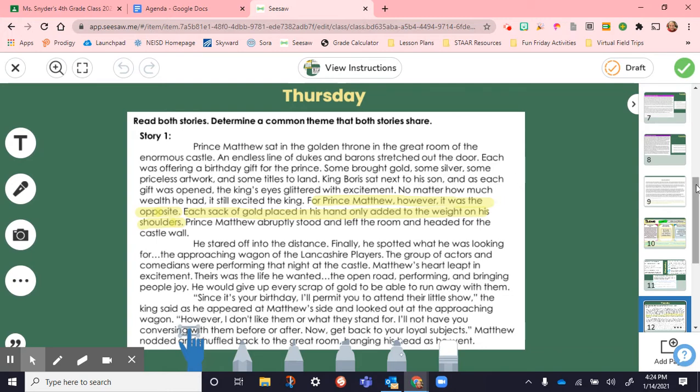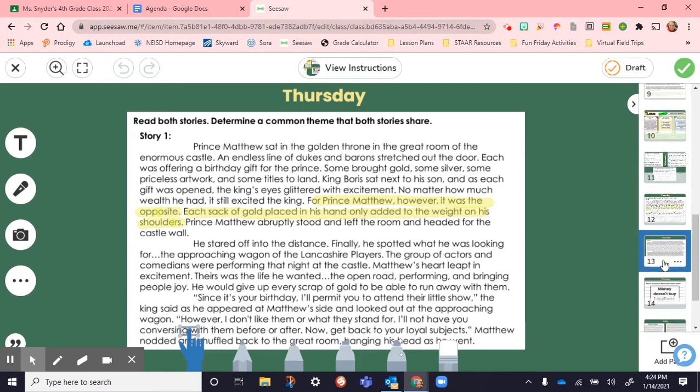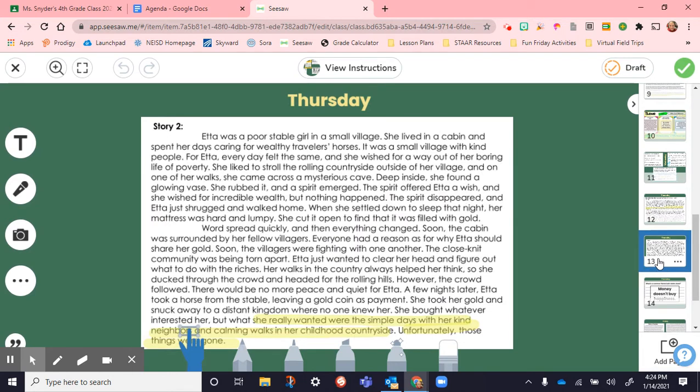Then we read a second story, and in this story on page 13, we have a girl whose name is Etta, and she lives very poor, but she ends up finding something like a genie in the bottle type of story, and she makes this wish, and she wants all these riches, and she gets them, and she realizes that it also doesn't really make her happy.